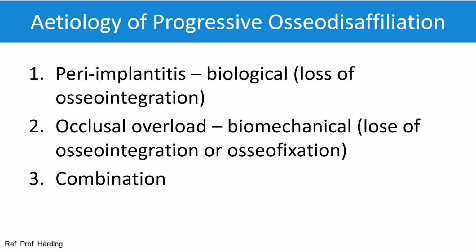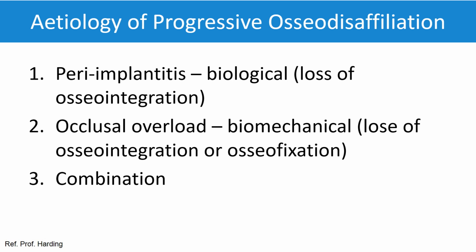So the implant is carrying load or transmitting load to the bone, either by means of osteointegration, the biological connection, or osteofixation and mechanical fixation. And occlusal overload can have a significant effect on both of these, leading to progressive osteodisaffiliation or the loss of our bone contact.